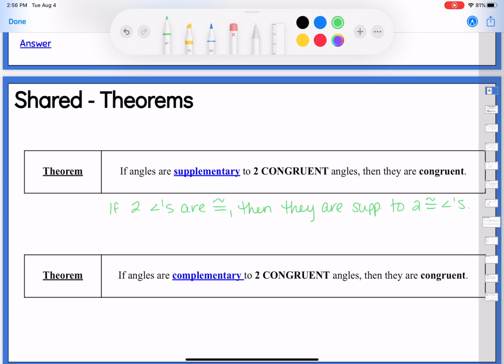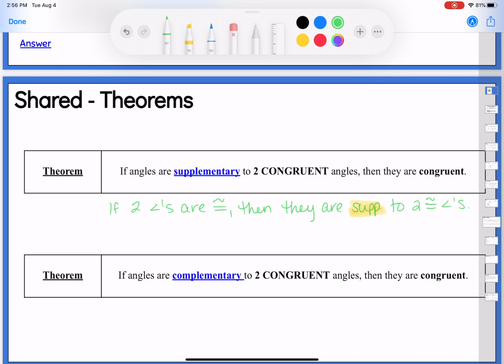If two angles are the same measure, so 20 and 20, then they're supplementary to two congruent angles, 160 and 160. Yeah, absolutely. That is reversible. Again, is it going to be very useful? I don't know. Probably not. You could probably find out that those angles are congruent in a better way. But technically, yes, it is reversible.